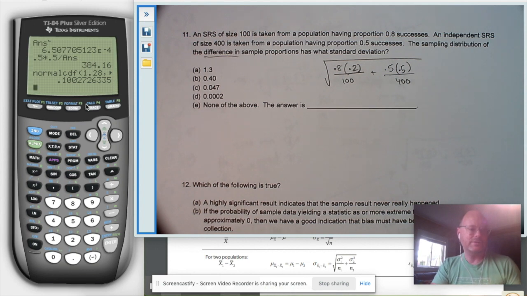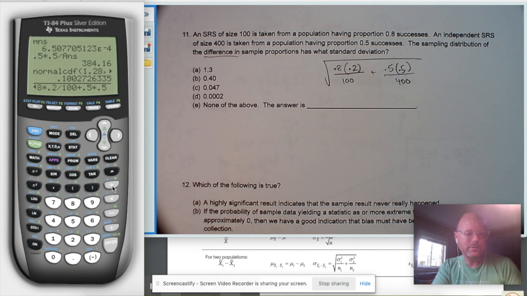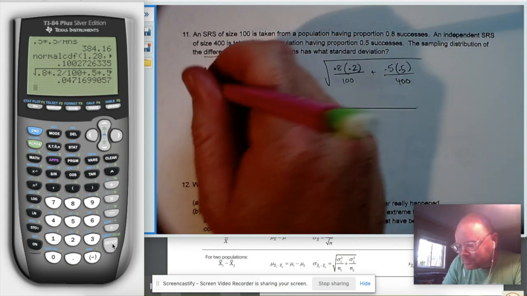So on my calculator, it's the square root of 0.8 times 0.2 over 100 plus 0.5 times 0.5 over 400. Calculator says 0.047. Done.